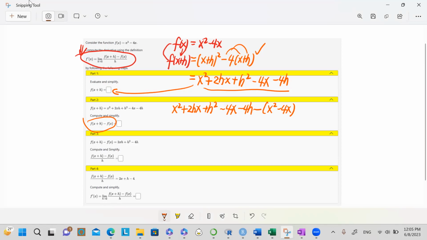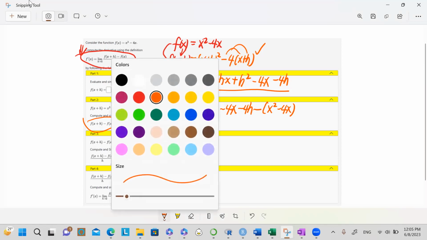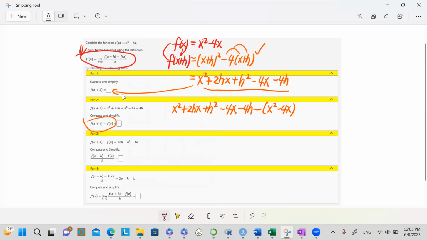Remember, we're going to cancel f of x eventually. That's how you know whether or not your calculation is correctly done. If both those two terms are gone, that means your calculation is probably good.